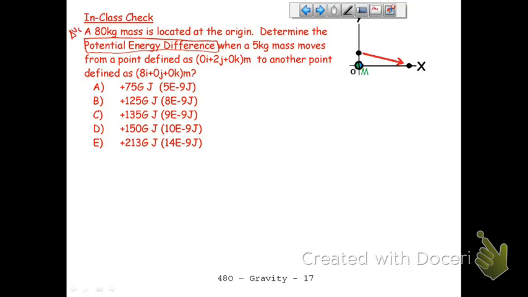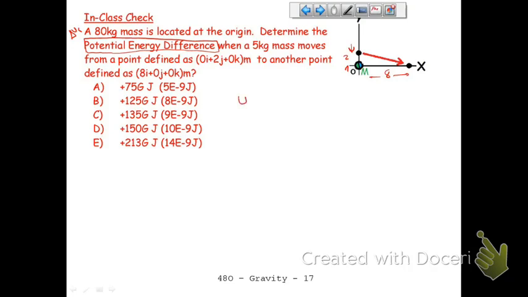The difference in potential energy between the beginning and the end, when a 5 kilogram mass runs from a point, oh, I'm being really nasty here. I'm giving this IJK stuff and all the hairs on the back of your head are standing up because you're going, vectors already? But no, I'm just being really cute here. Well, that's going to be 2. And that's going to be 8. Oh, because the direction doesn't matter.